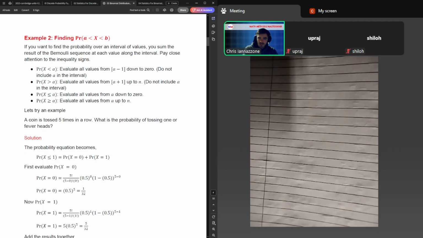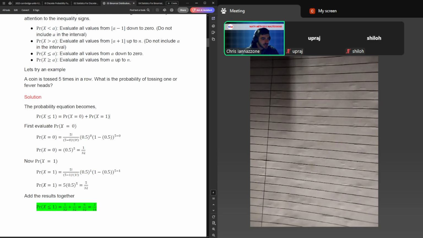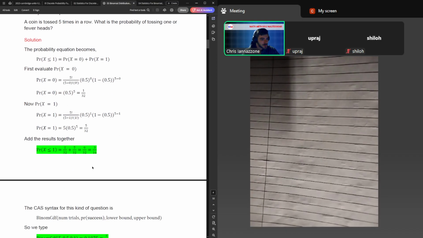This works the exact same way that discrete tables work, in that 1 or fewer means you want x equals 1 and x equals 0. Anything less than or equal to 1. And so you need to find each of these probabilities. Well, this just means 2 separate Bernoulli sequences. One for x equals 0, one for x equals 1, plug them all in, and then add them together. Because they're separate outcomes, you add the 2 results together.